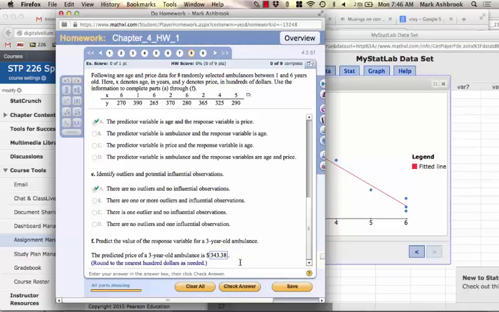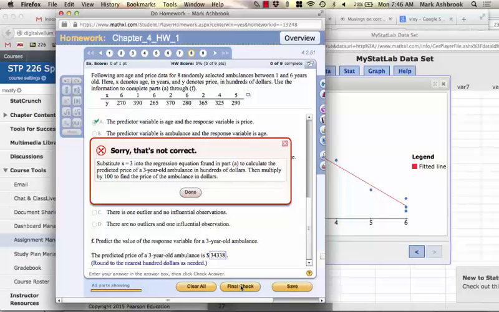Right. That's a cheap ambulance, right? 343, 38 what? It's the nearest 100.